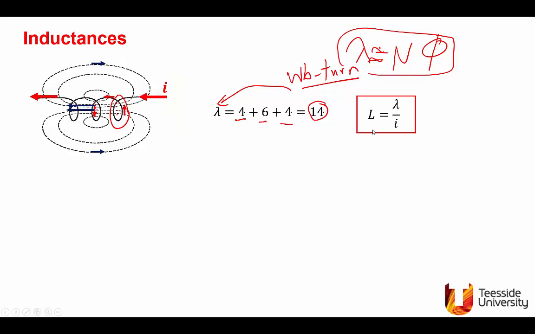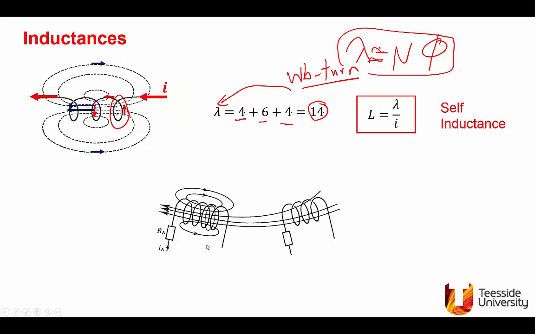Now we know what the self-inductance is. Let's look at mutual inductance. We have a coil here, coil A, excited with current. That current produces flux lines, and these flux lines are going like that, and of course they all go in closed contours.